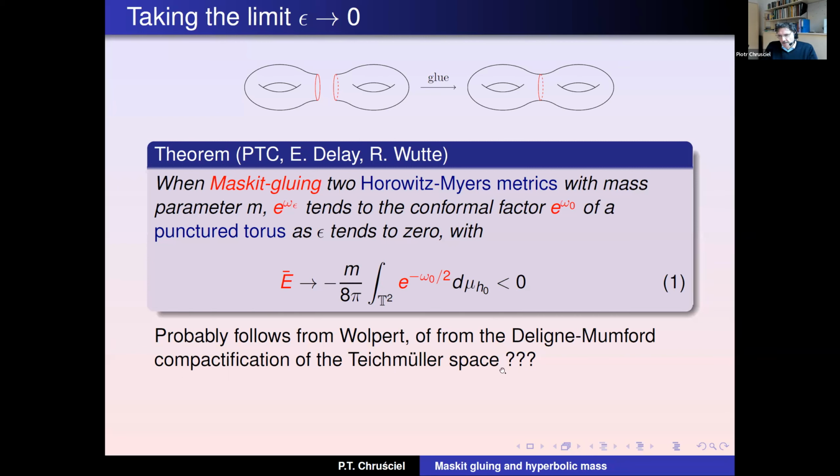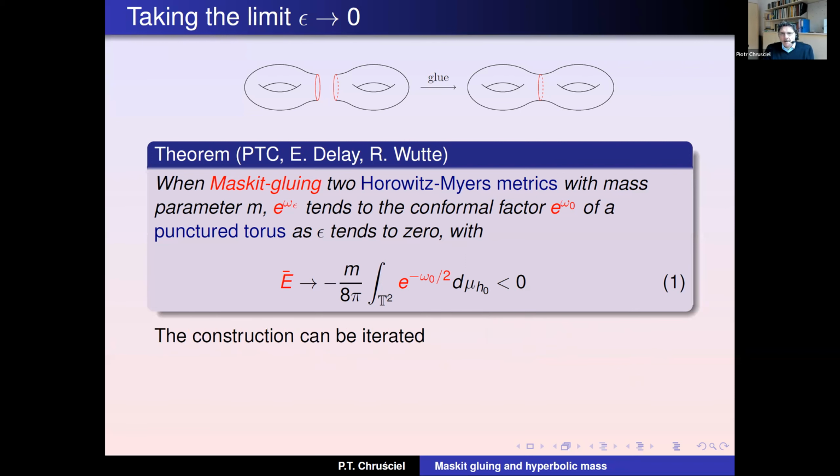But we tried very hard to read this result in the form we need from their papers, and we couldn't. So we just had to reprove it by hand, and in any case, that's the result you get. And so that would essentially solve the theorem I announced. So that's the existence of higher genus solutions with negative mass.